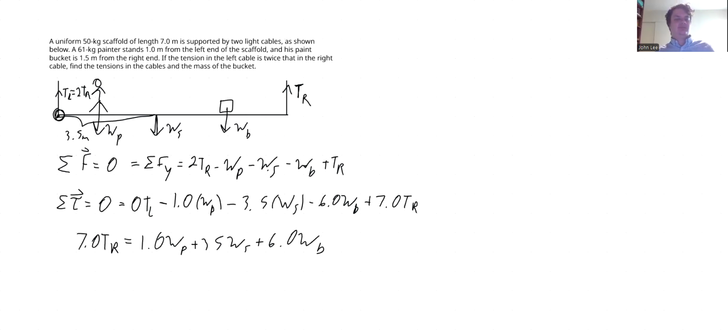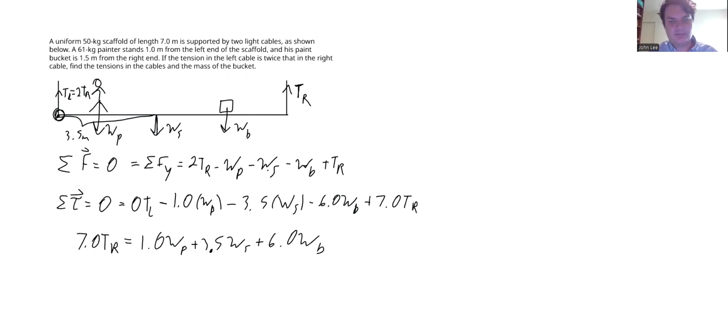But that's not as convenient to deal with. As you can tell, if we use this equation to solve for our TR, we're going to have to divide everything through and have fractional values of all of these values.